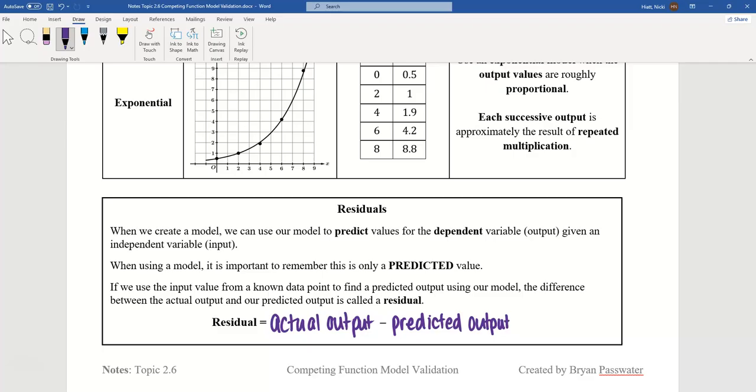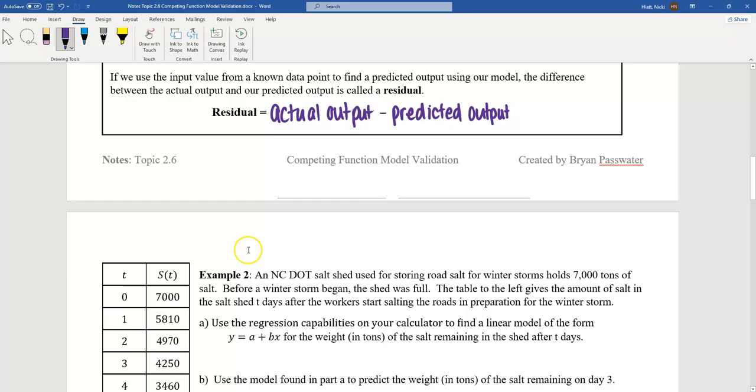So the actual is what comes from your table or your actual data points, right? Predicted is what the line or the model says should happen for that. And residuals are going to be very helpful because residuals tell us how far off we are, right? How far off we are.